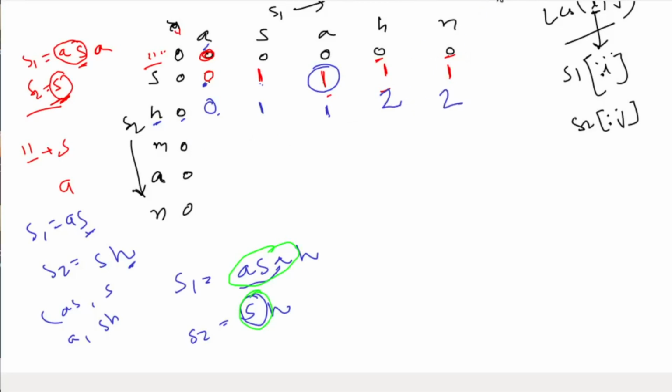Now in similar fashion we'll build the whole table. So M is not equal to A, so again a 0, then again a 1, then again a 1, then again a 2, and finally a 2.